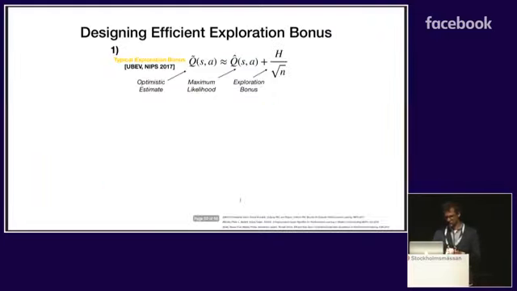So how do we construct this exploration bonus? Well, the typical way is, as I said, to take some maximum likelihood estimate, for example, of the Q star values, and try to construct an optimistic policy or an optimistic Q value by adding some exploration term.